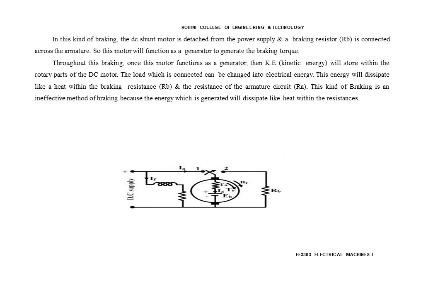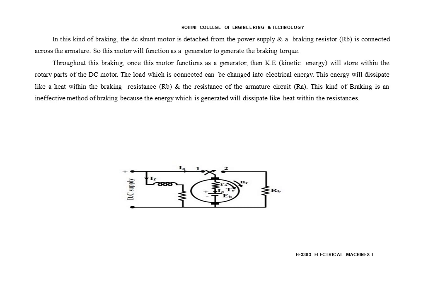In this kind of braking, the DC shunt motor is disconnected from the power supply and a braking resistor is connected across the armature. So this motor will function as a generator to generate the braking torque. Through this braking, once the motor functions as a generator, the kinetic energy stored within the rotary part of the DC motor is converted into electrical energy.